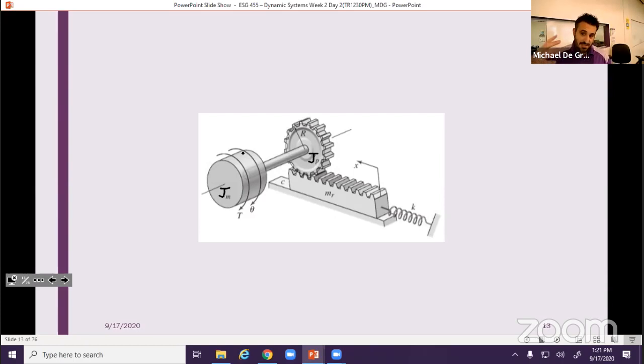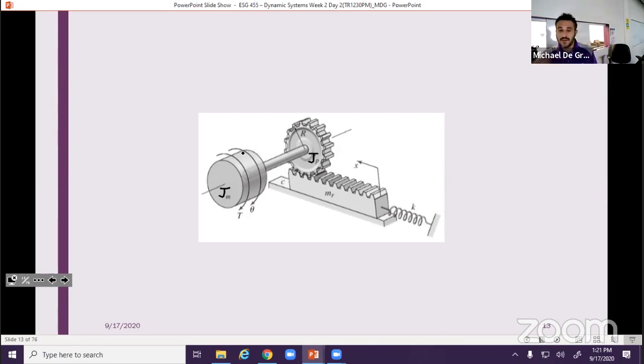Because they are the same size and have the same radius, you can just add them together. But in the free body diagram that we drew, that J is really J sub M plus J sub P. It's the combination of the two.